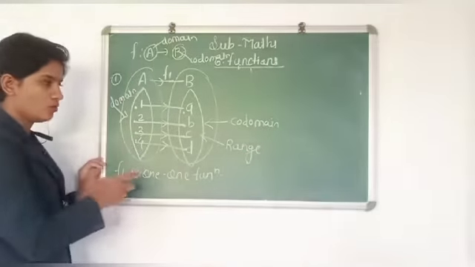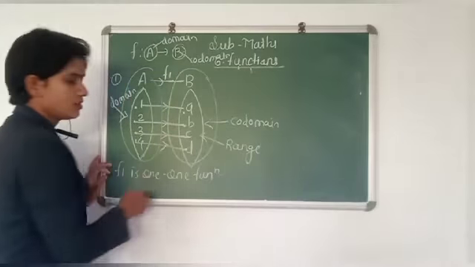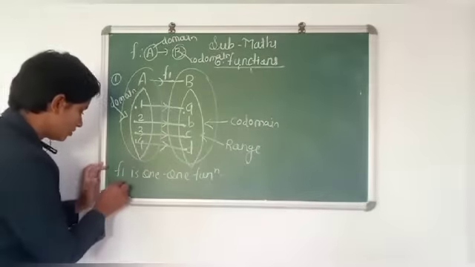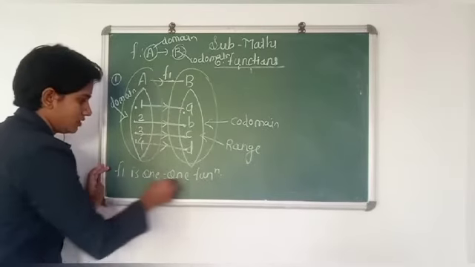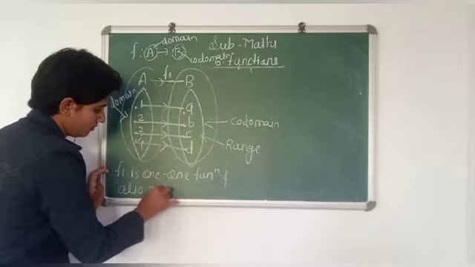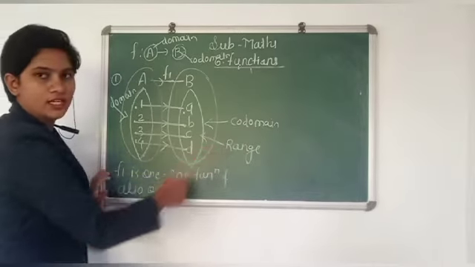That's why this is an onto function. Why is it called onto? Because the codomain and range of this function are the same. So F1 is a one-one function and also an onto function.